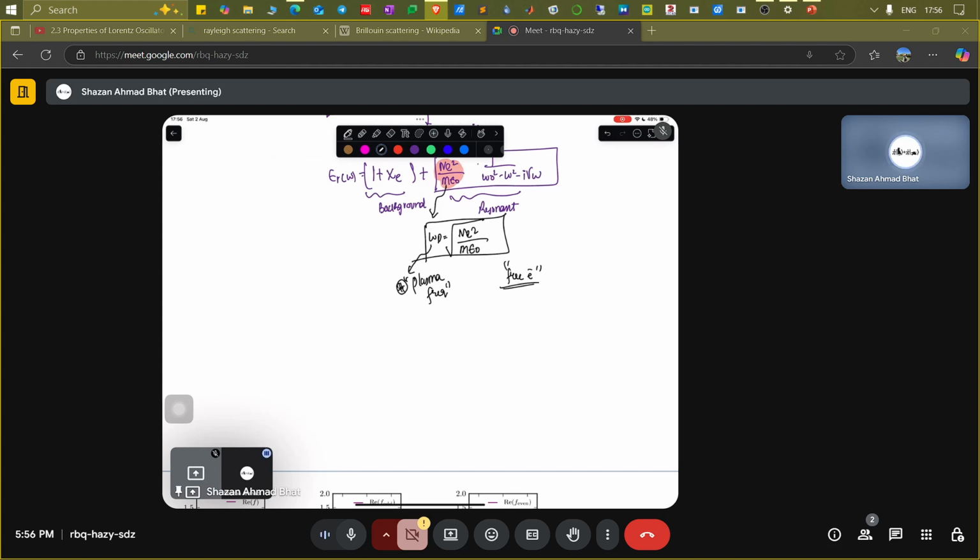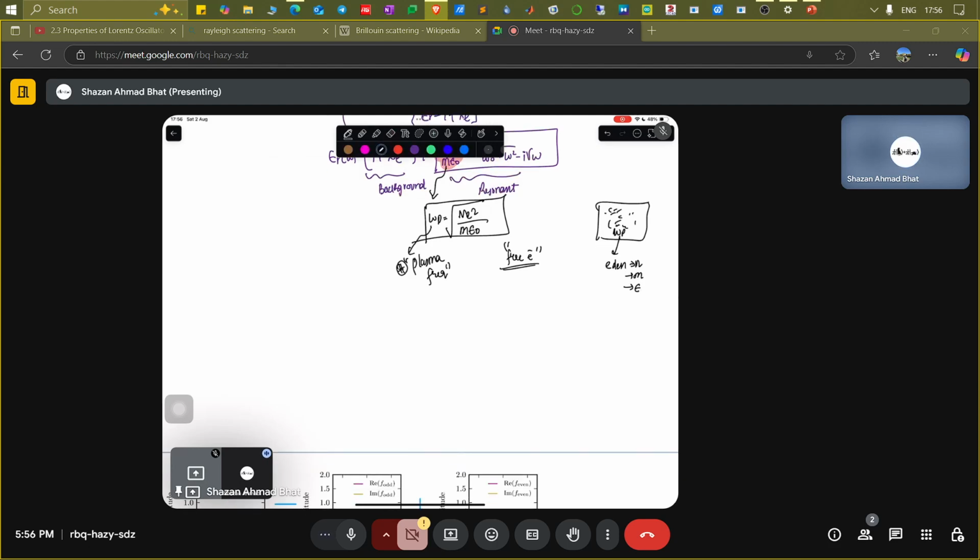If your incoming frequency matches the plasma frequency, there is huge absorption. If you have a metal with electrons, the plasma frequency depends upon the electron density n, the mass of the electrons, and epsilon naught, which is the permittivity of the medium.